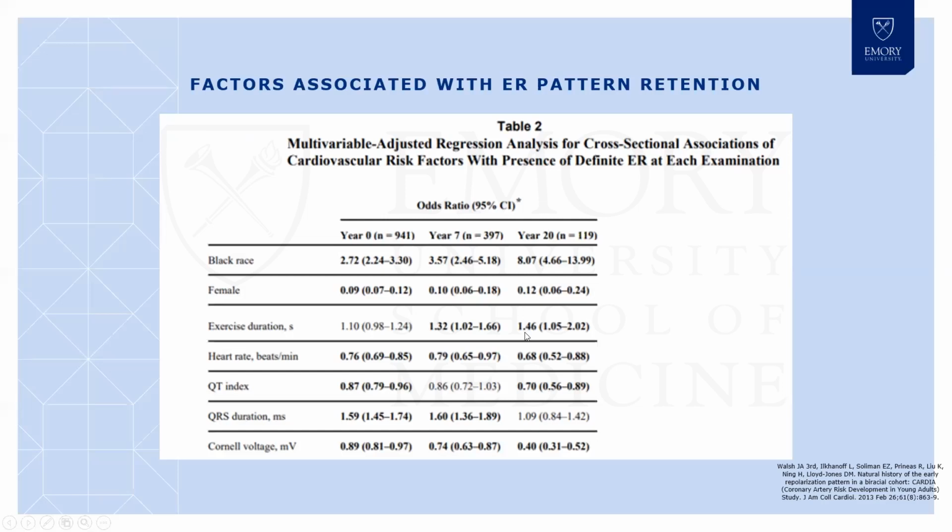Exercise duration was also positively associated, meaning patients that exercised more tended to retain early repolarization. And similarly, lower heart rates was associated with early repolarization. QT index, as we saw in the other study, interestingly, and Cornell voltage. So the higher the voltage, the less they were likely to have early repolarization at 20 years.